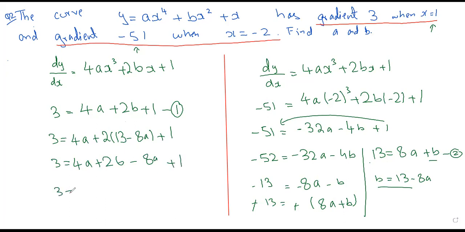So 3 equals 4a minus 8a minus 4a plus 27. And now I'll take minus 27 to that side. So it would become minus 27 plus 3 equals minus 4a.